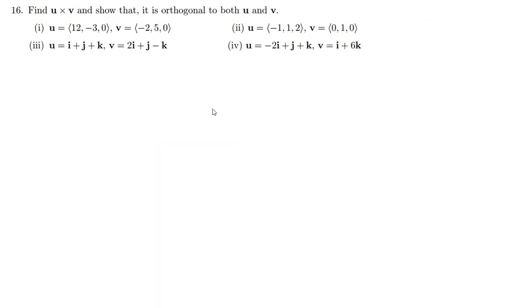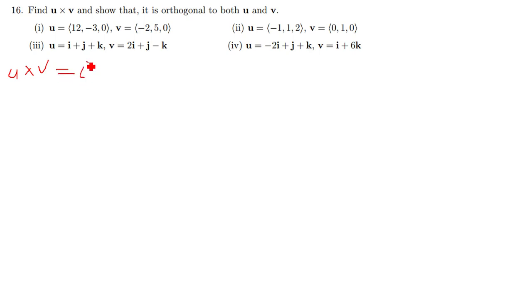Again here we have something here. So they're saying find u cross v and show that it is orthogonal to both u and v. So here what you need to do is to find u cross v in the same way I showed you.